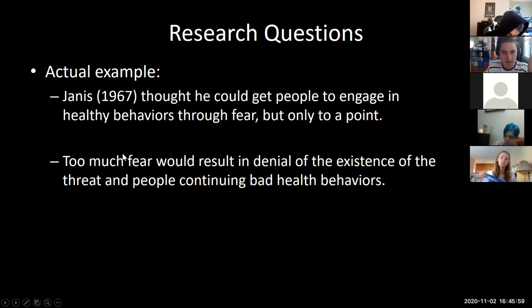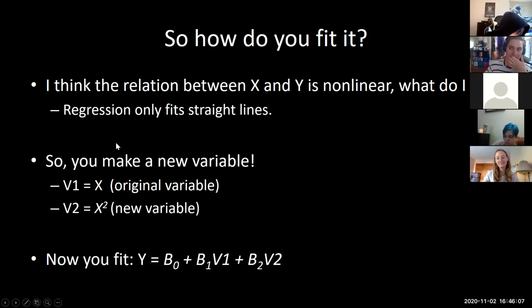The key of how you test for it is in those words you already know, exponential and quadratic. You make a new variable again, and the new variable is the interaction of the first variable with itself. Oh, what?